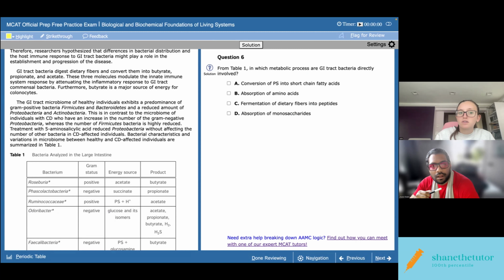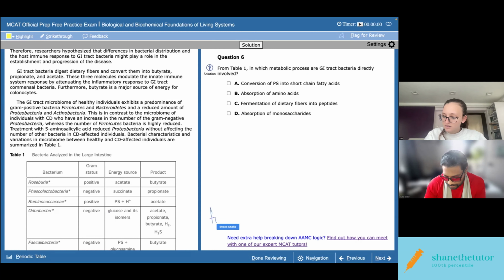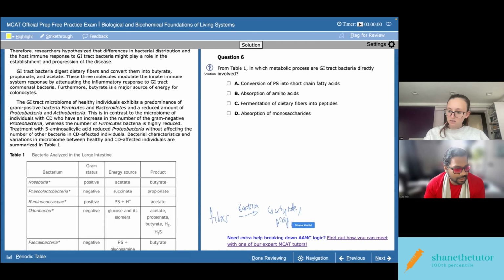Well, what is it saying that it is? Dietary fibers, and they convert them to... what does? The GI tract bacteria. Okay, because you were saying enzyme, so bacteria, right? So we can say something like fiber through the action of bacteria can give you butyrate, propionate, acetate.